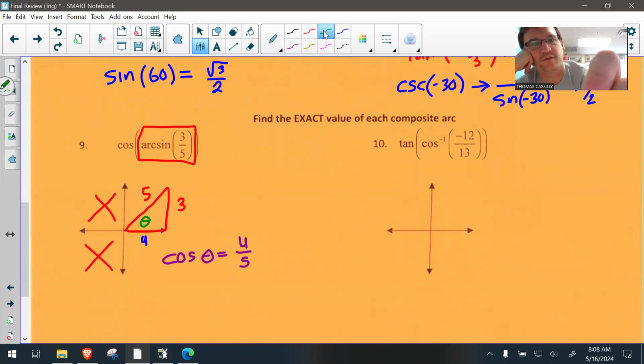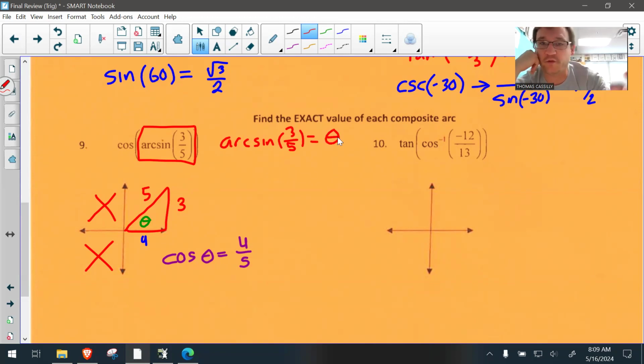Right? This part right here, this arc sine of 3/5 is equal to some angle, right? And that angle is going to be the same angle that we're going to use along with cosine. All right, so we're just getting the ratios on this one.